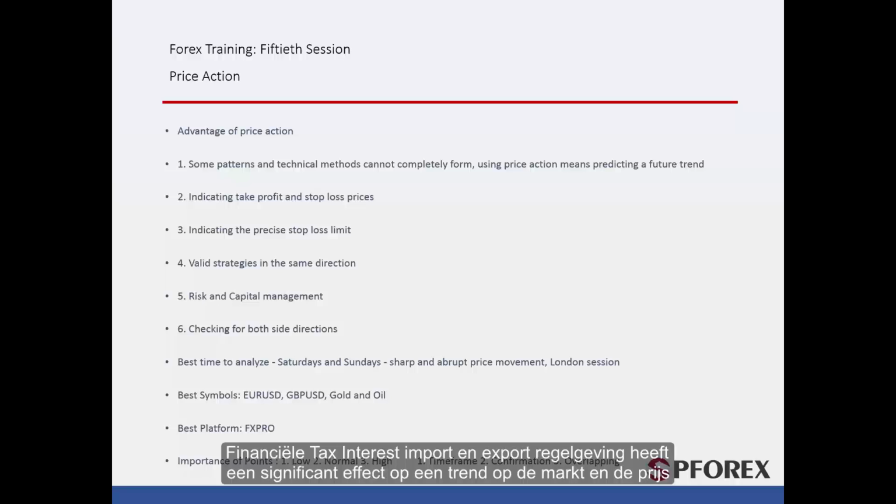Financial, tax, interest, importing and exporting regulations have a significant effect on a market trend and price. Thus, a fundamental issue has a considerable effect on a market trend, rather than technical subjects. So, less important symbols have tiny or no effect on the trend.